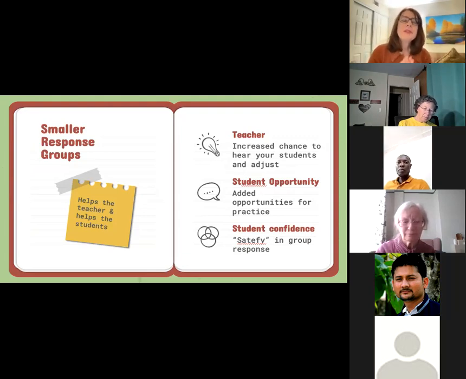A really good in-between zone, and many of you may have done this before, is to use smaller groups to repeat instead of people by themselves individually, which sometimes they feel insecure or not quite confident yet. And if they get to do it with a couple of other people chorally out loud, it helps them as well.